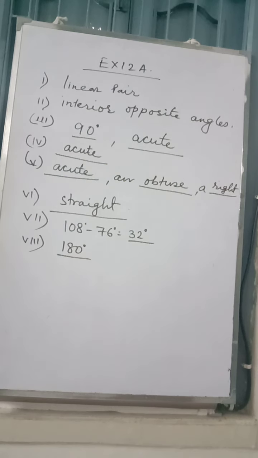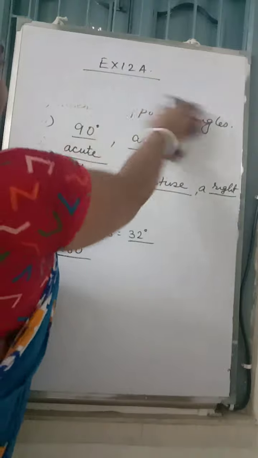Question number 2 says, if the exterior angle of a triangle is equal to 145 degree and one of the interior opposite angles is 65 degree, find the measure of the other interior opposite angle. Already we have learned the formula. What is that? That is exterior angle is equal to sum of interior opposite angles.